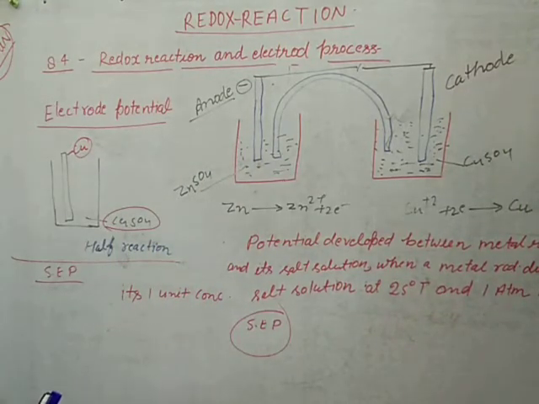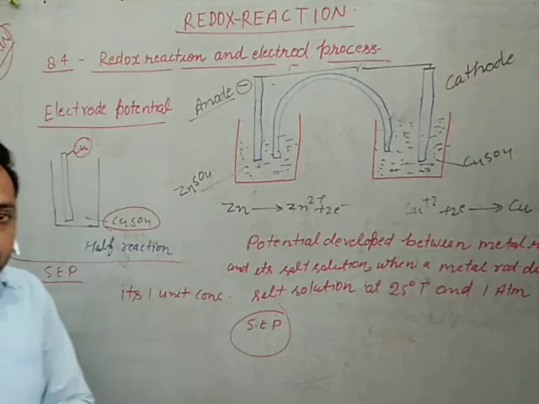So I think you might have understood the difference between electrode potential and standard electrode potential. Electrode potential, which we have seen before, is the potential developed between a metal rod and its salt solution when the rod is dipped in its salt solution.